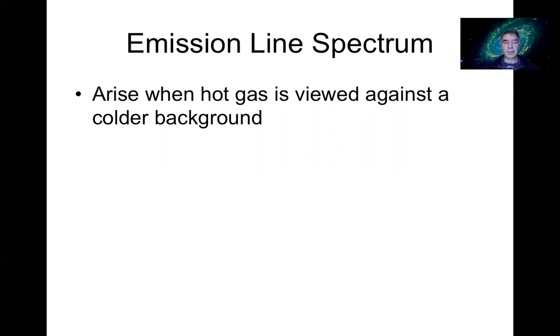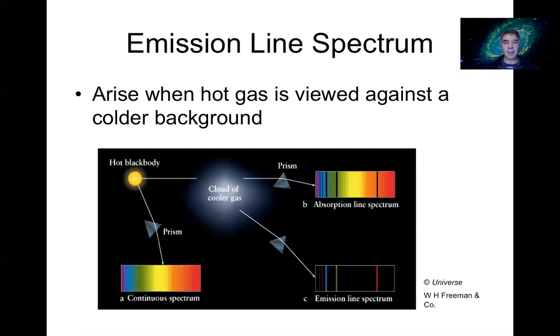So as long as we've got hot gas, well, any kind of gas really, if it's of lowish density, will give you an emission line spectrum if you're viewing it just against the background of cold space. So let me bring up this diagram that we had once before. Before we were talking about absorption lines.